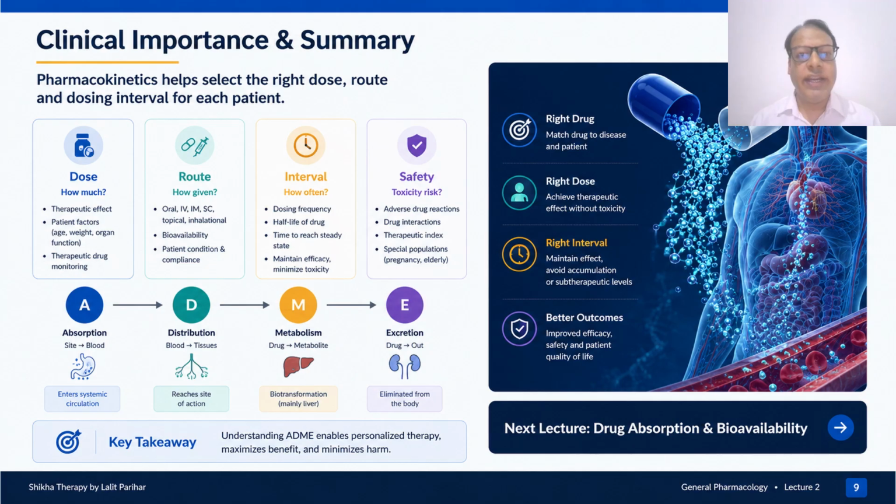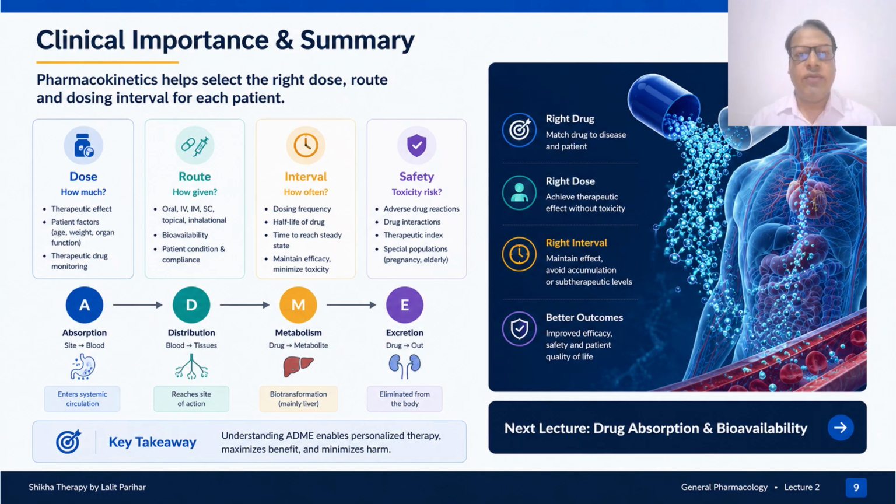Understanding ADME helps us move towards personalized drug therapy, improved efficacy, increased safety, and minimized toxicity. In simple words, understanding the journey of a drug helps us use that drug more effectively and safely.